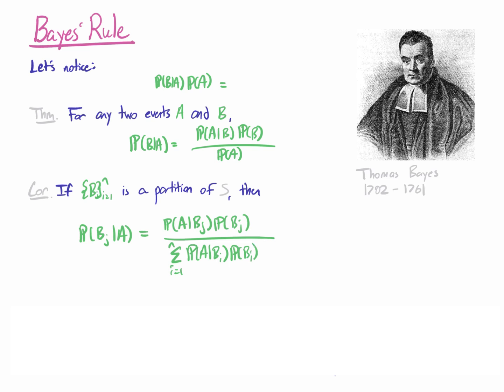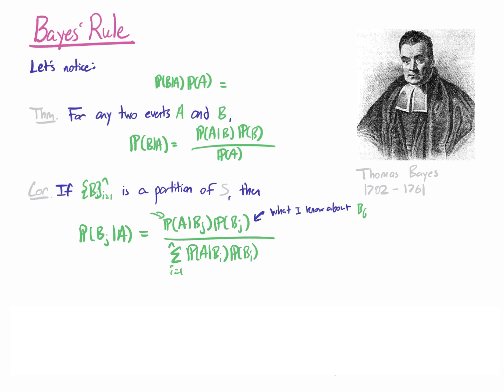So this denominator here is coming from P of A, the probability of A, applying the law of total probability to expand it out. So if we just interpret each of these terms here, this is what I know about the event B sub j.